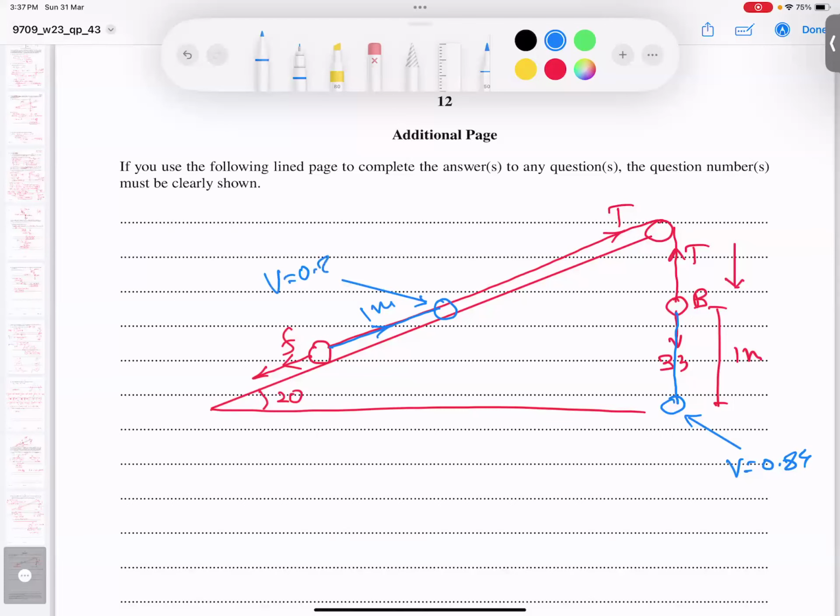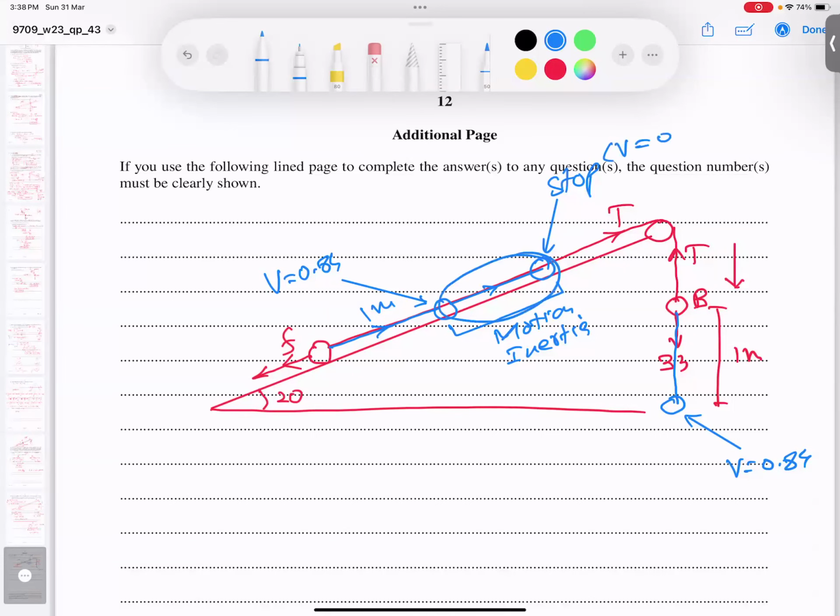Last speed is also 0.84, but it will not stop. It will slightly go up. This is called motion due to inertia, or we can say inertia motion. And 100% it will stop on the peak, so the last velocity is confirmed 0.